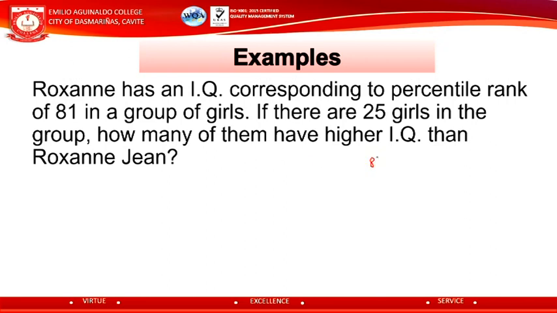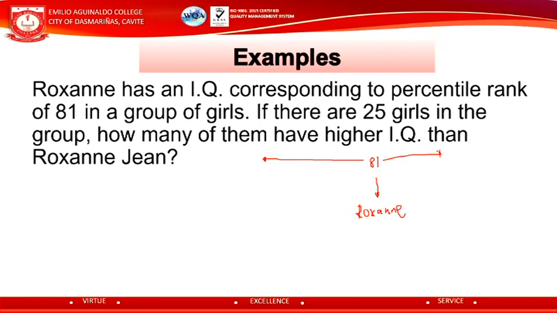This will be the percentile rank of Roxanne Jean, so this is where she was located. So let's place here the name of Roxanne Jean. It means that there are other people who have a lower IQ or even the same IQ as Roxanne, and there are also other classmates of Roxanne who have a higher IQ than her, since she was just located at the 81st percentile.